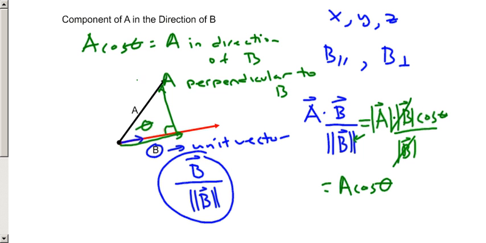So the amount of A that's perpendicular to B, using the Pythagorean theorem, is just going to be the square root of the magnitude of A squared minus this length, using a squared plus b squared equals c squared, so minus the magnitude of A cosine theta squared. And that'll tell me how much of A is perpendicular to B. Okay, so that's looking at the dot product. In the next video, we'll look at the cross product.